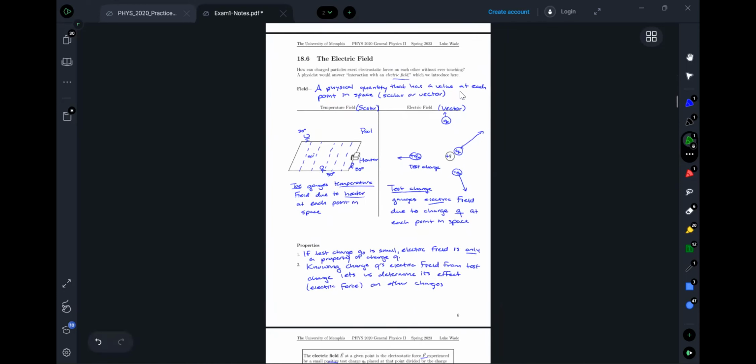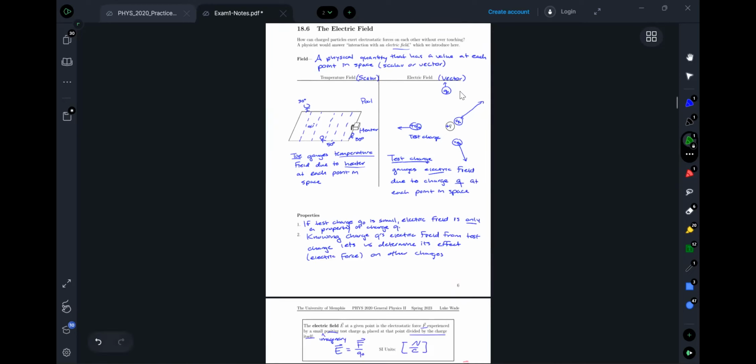So the idea of the electric field is taking a step back from electric forces and wondering what leads to electric forces. We say it's that every charged object sets up an electric field in the entire space around it. When you put other things that have charge in that field, then the interaction of the two fields is what creates these electric forces.